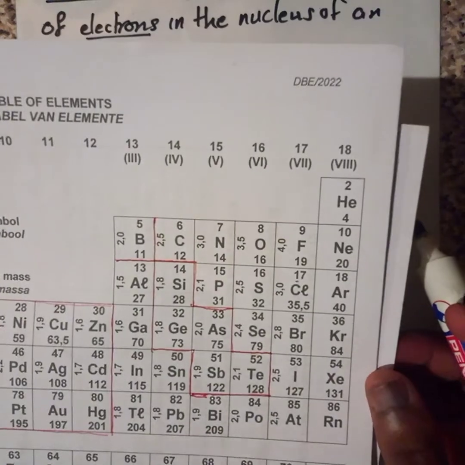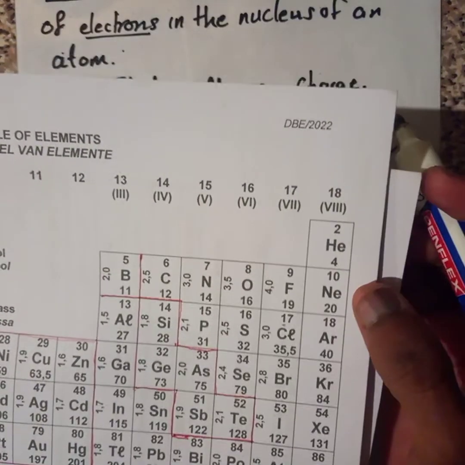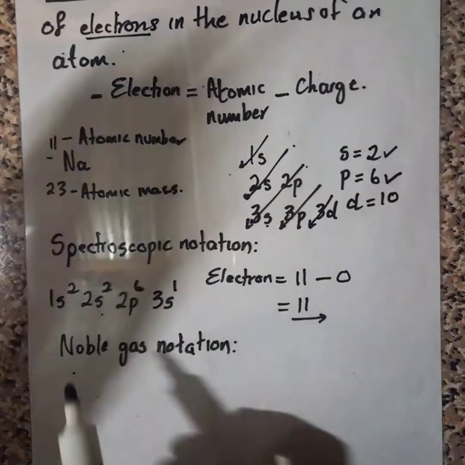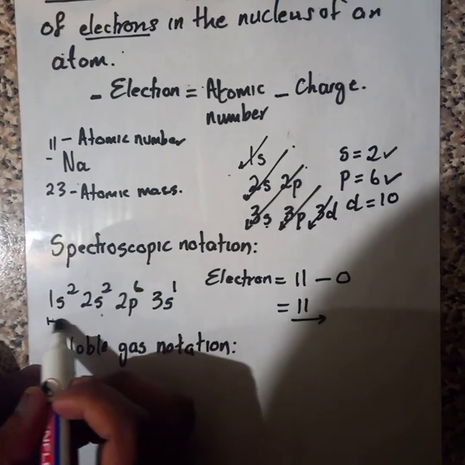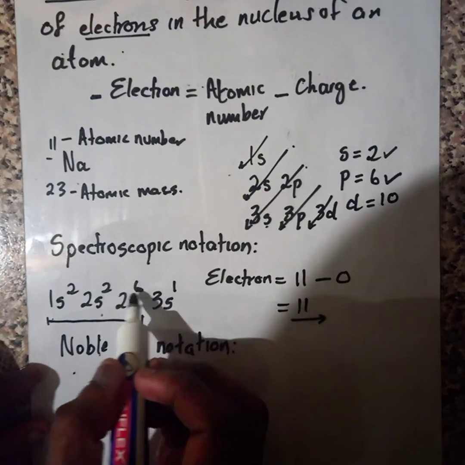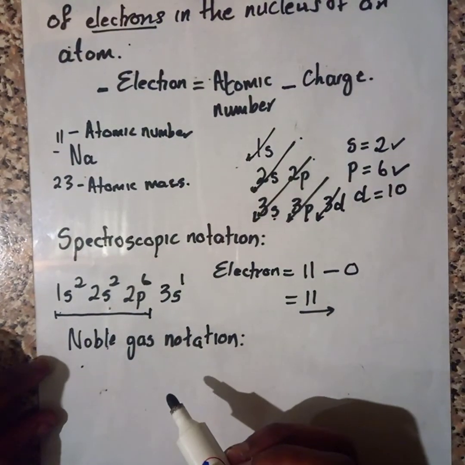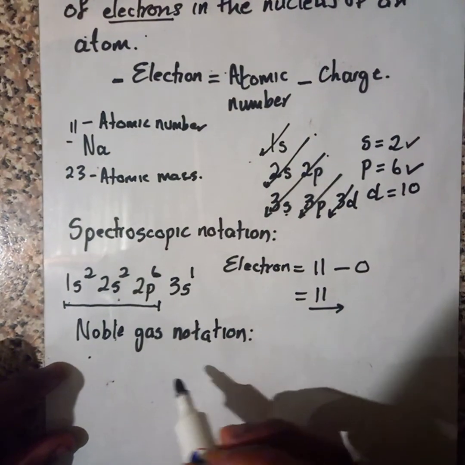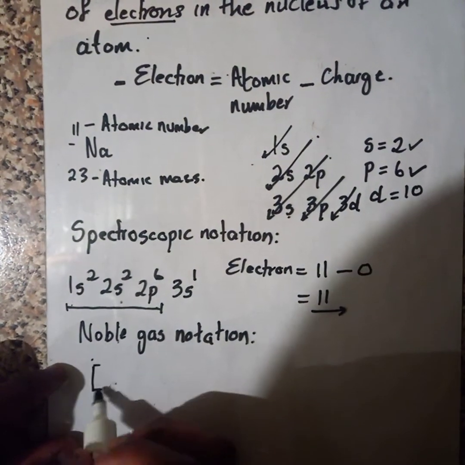The highest possible noble gas is going to be neon, which is 10. From here till here, if we add those numbers, we get 10. Then the corresponding noble gas is going to be Ne, which is neon.